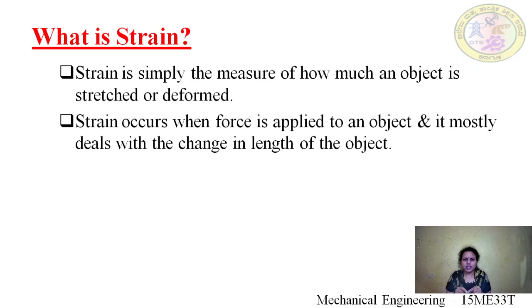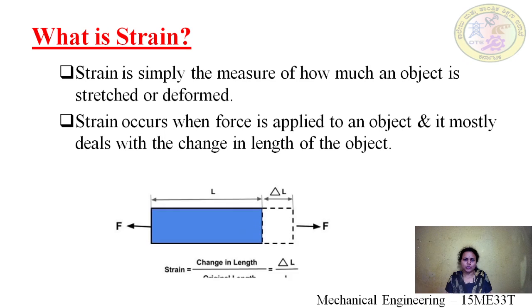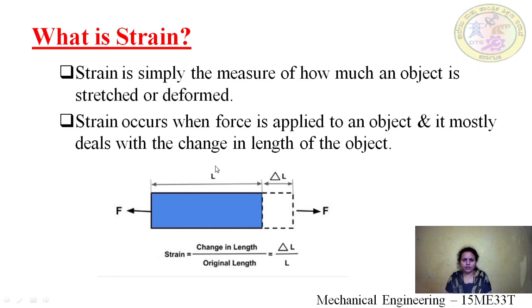It deals with the change in the length of an object. Either there will be an increase in the length or a decrease in the length. So let's see with one diagram. This is an object which I am taking, having length L. Now I am applying force, that is, tensile force.